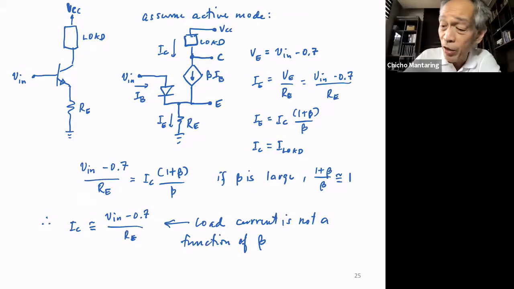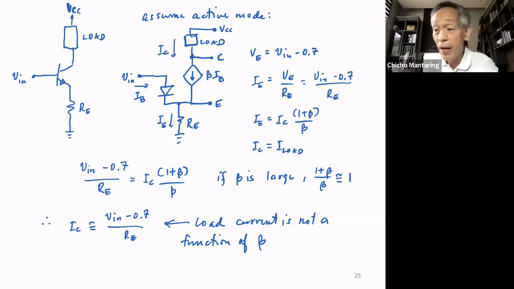So anong ibig sabihin nun, no? Kung masira itong transistor na to, palitan ko ng ibang transistor, kahit na mas mataas yung beta o kahit na mas mababa yung beta, basta't malaki yung beta, as long as this relationship holds true, then my load current will be the same. And that's why it's a better current source.